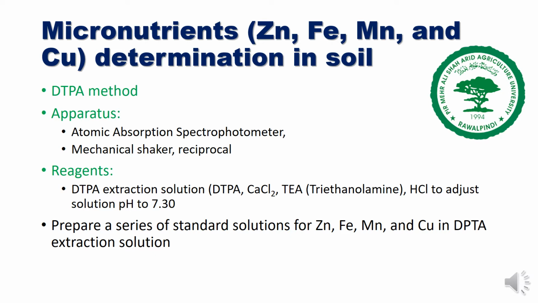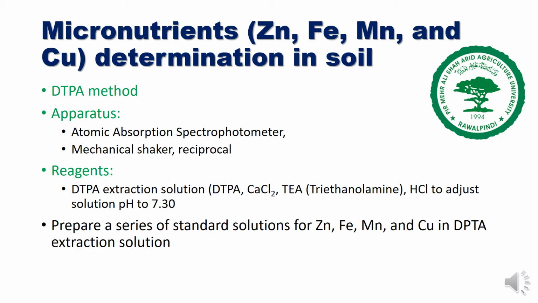We need 1.97 gram DTPA and 1.1 gram calcium chloride, dissolve them in distilled water and then transfer it to a 1 liter volumetric flask.